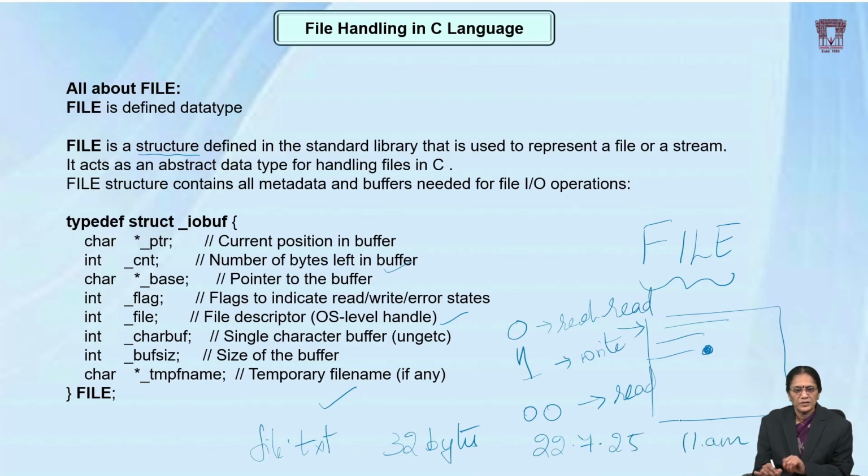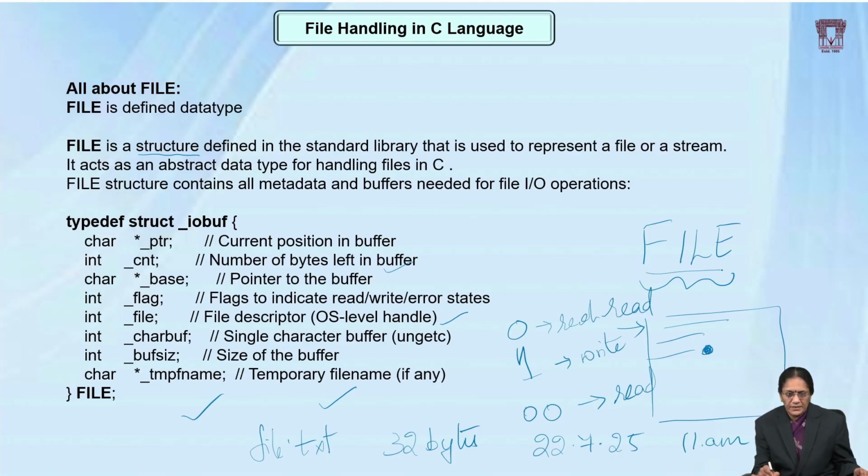All this meta information you will come across when you just look at a file. Only a little information is shown, but beyond this, there is a lot more information that is hidden in this structure. So this is the idea behind FILE.